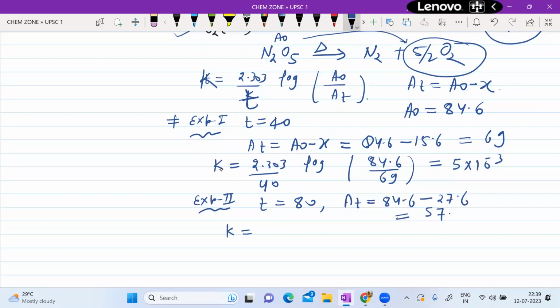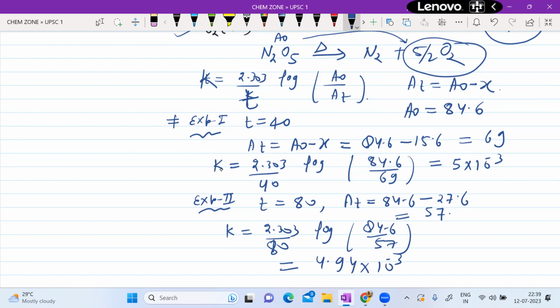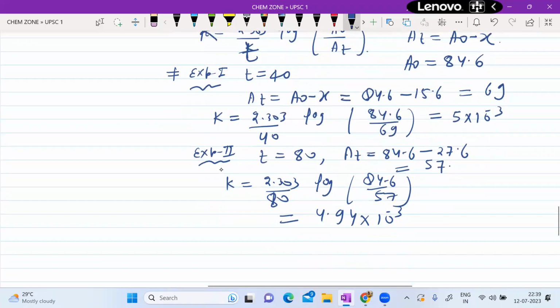Again, apply the formula. Let me calculate this. Getting this value as approximately 4.94 into 10 to the power minus 3, which is approximately equal to k. So these two steps suggest the value of k remains constant. Thus, the reaction follows first order kinetics.